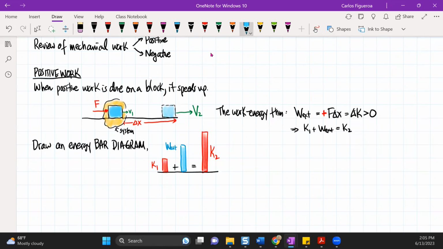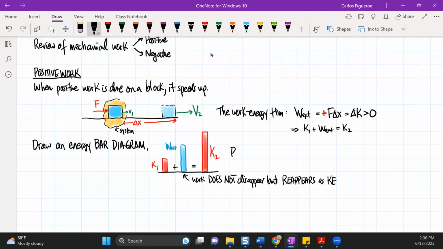And you can clearly see that it's the work. So what we could say here is that the work does not disappear, but reappears as kinetic energy in this case, as stored work is the change in the kinetic energy here.